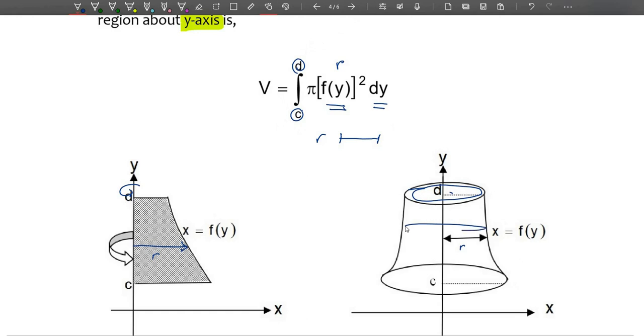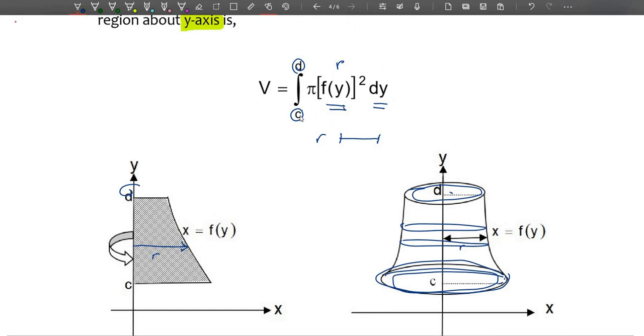There will be a lot of circles inside the figure, until this is the largest one. When we integrate, we actually find the summation of all the circles inside the figure. Since it is a circle, the area is pi r squared. We apply it here by finding pi f(y) squared.